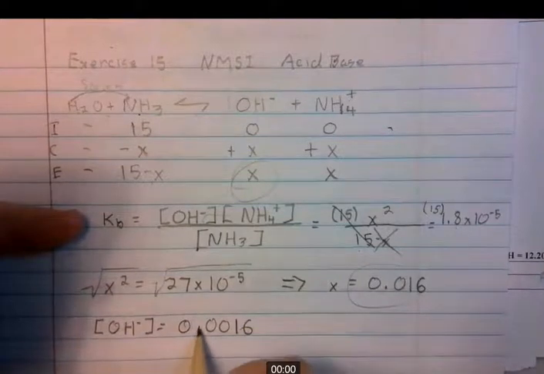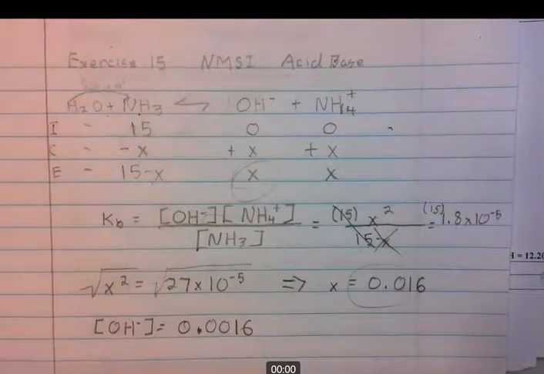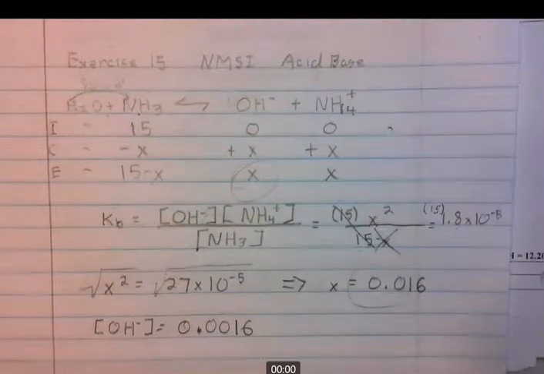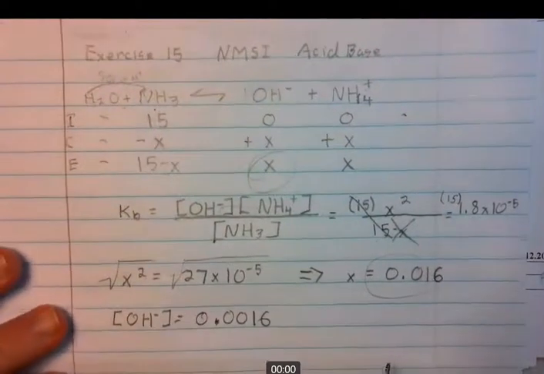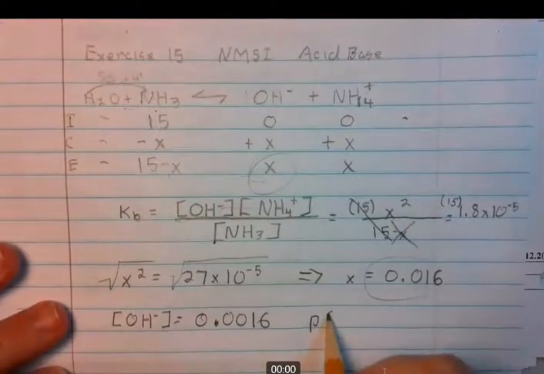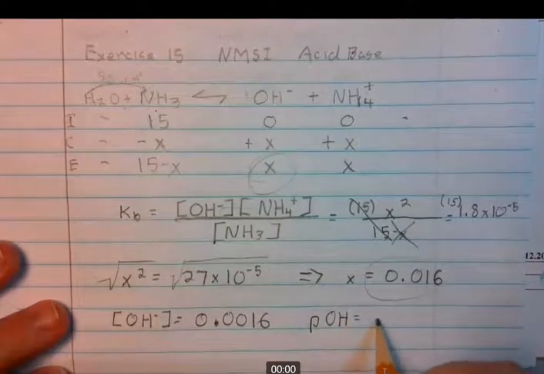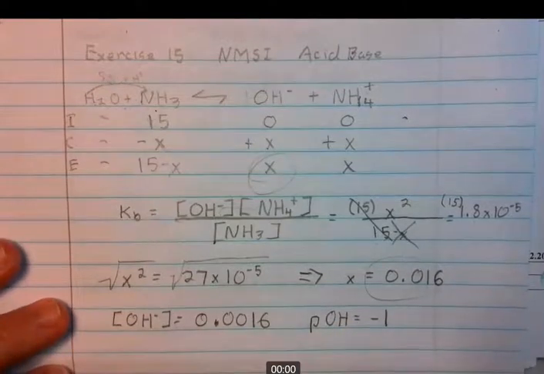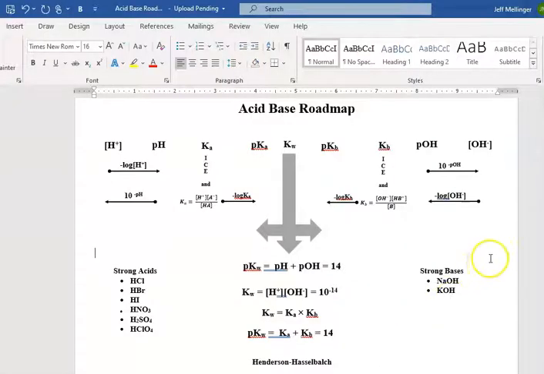And you may have your own preference, but my preference is to convert this to pOH and then use the simple arithmetic pH plus pOH equals 14. So pOH equals negative log. Again, go back here if you need it. And there it is up here, right there. We're converting from OH to pOH now.